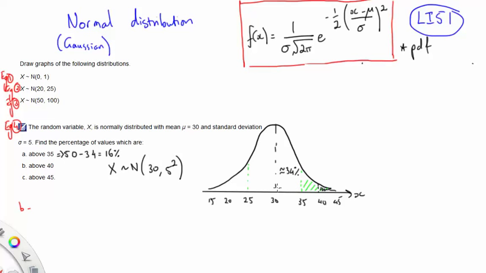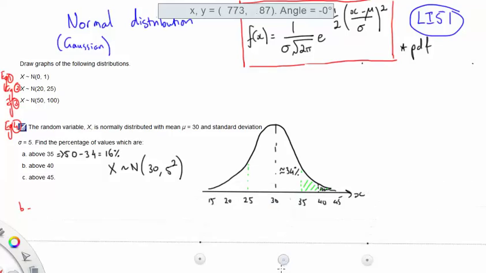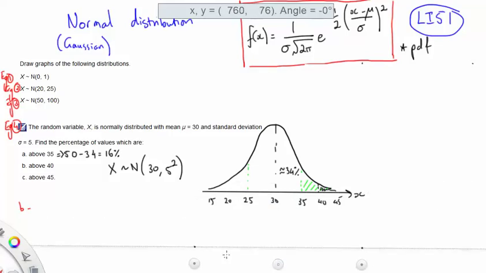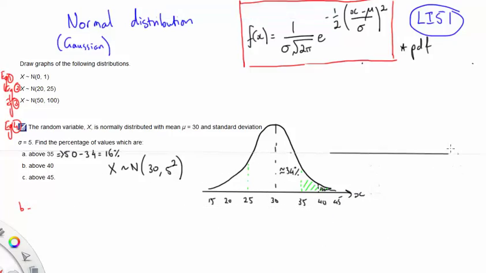So we know that. Yeah, it's up to you how you do this. I'll draw it. I'm thinking of the best way to show you how to get it above 40. I'll do another sketch just to make it really clear for each one. I'll do another sketch for B. We'll do it up here. So this is for B.